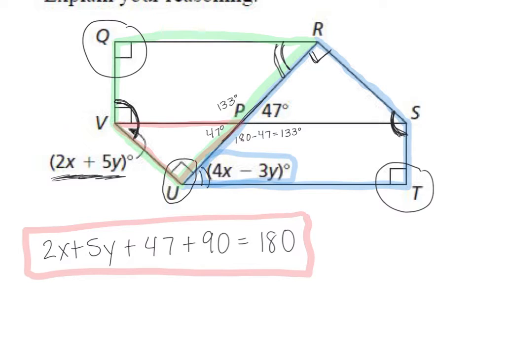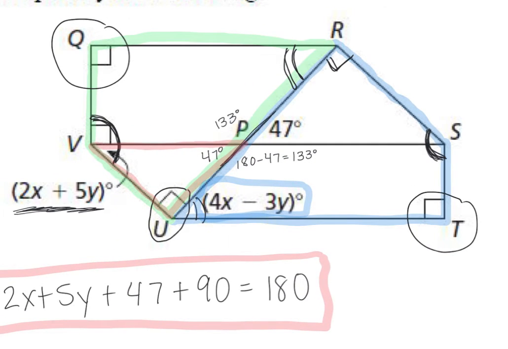But before we do that, guys, I want to stress that this angle is 47, right? This angle is 90. Can we figure out this angle? Yeah. What is it? 43. 43. Very good. How'd you get that?